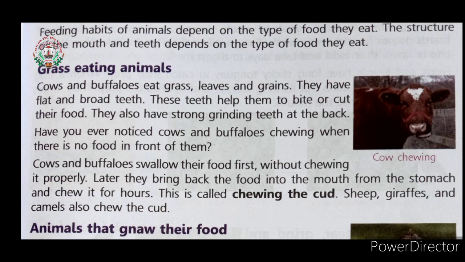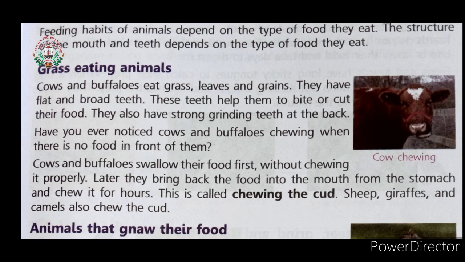See, cows and buffaloes eat grass, leaves, and grains. As you know, cows and buffaloes are herbivorous, which means they eat grass, leaves, and grains. So their teeth are flat and broad.